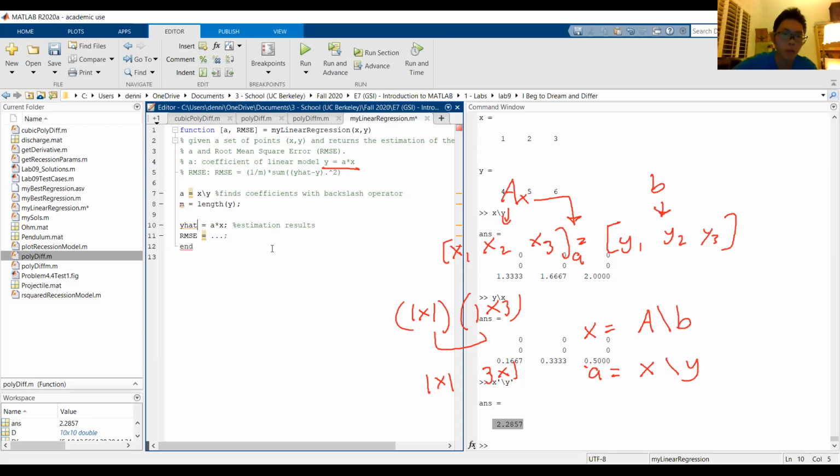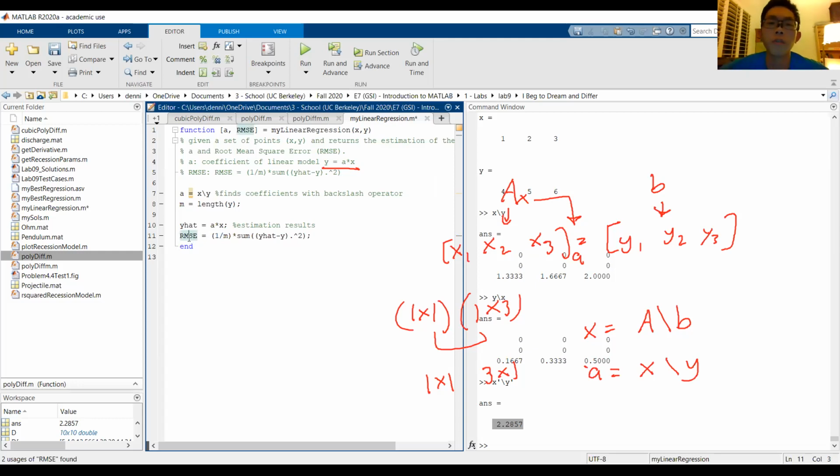This is our prediction. And root mean squared error, that's just this thing up here. We have our y hat, we have our y, we square the difference. That's this s right here. We sum that up, and then we divide by the total number, and then we find the square root of that.